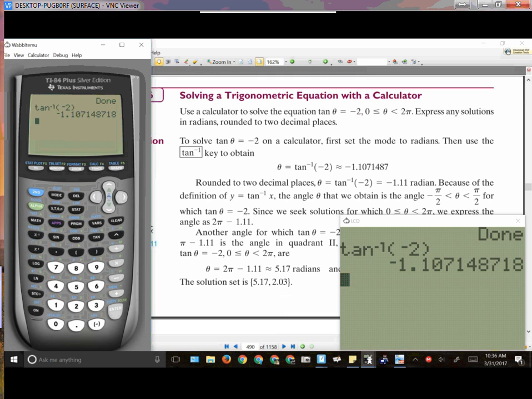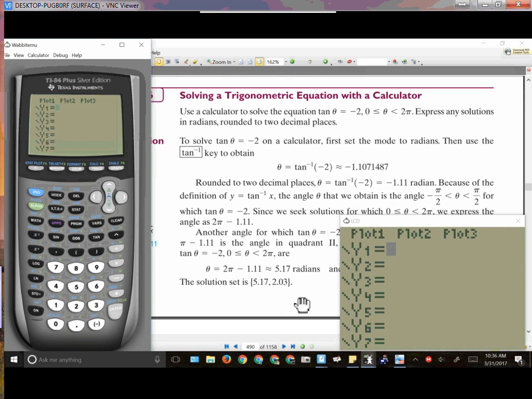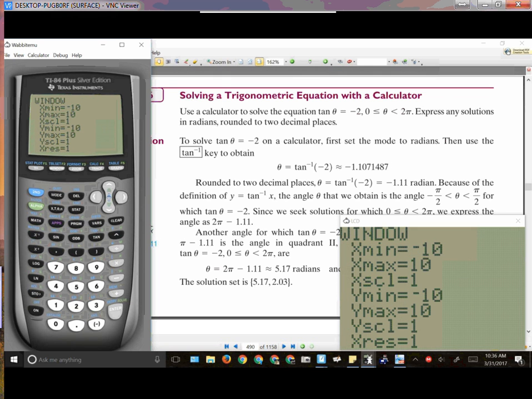So, this is where, talking about tangent x, we're going to graph this out here once real quick. Window, yeah, I can leave that like that. We'll go from -2 pi to 2 pi, and leave those at 10 and -10.